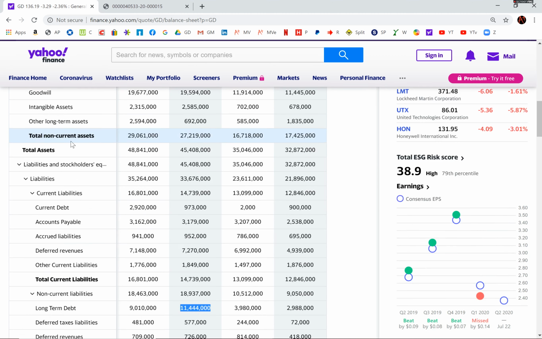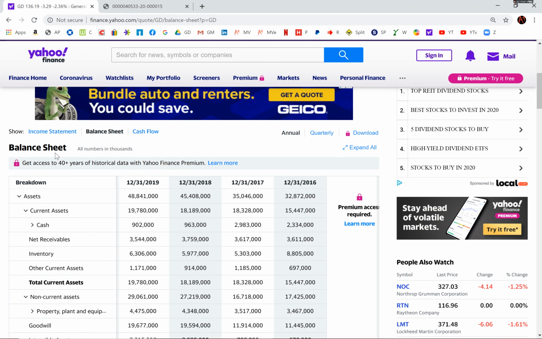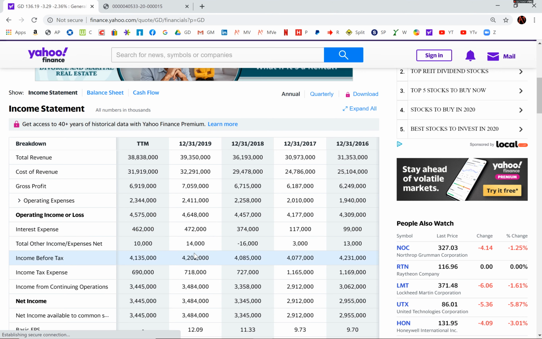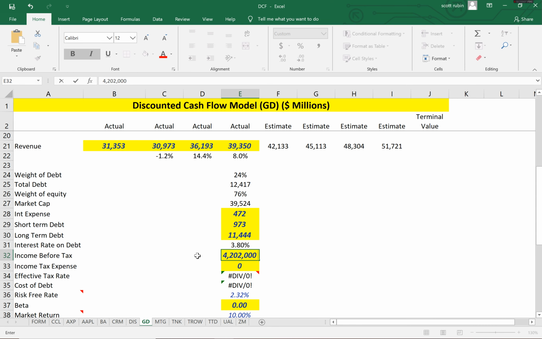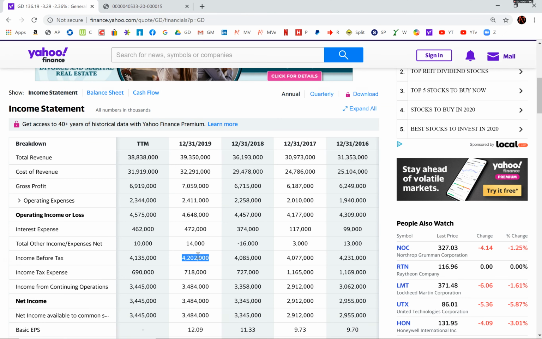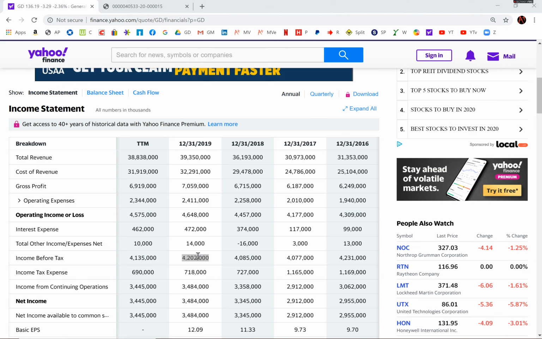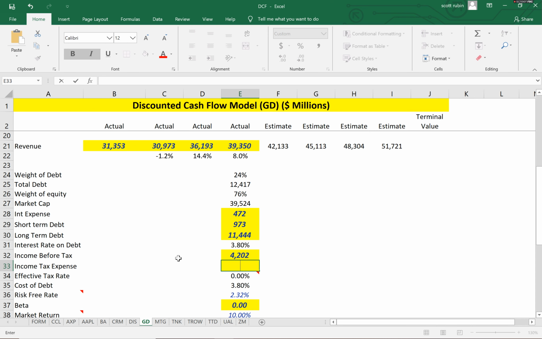And income before tax, because we need to see their effective tax rate. 4 billion. That's any income tax, because you have to discount the debt by the tax rate, 1 minus tax rate.